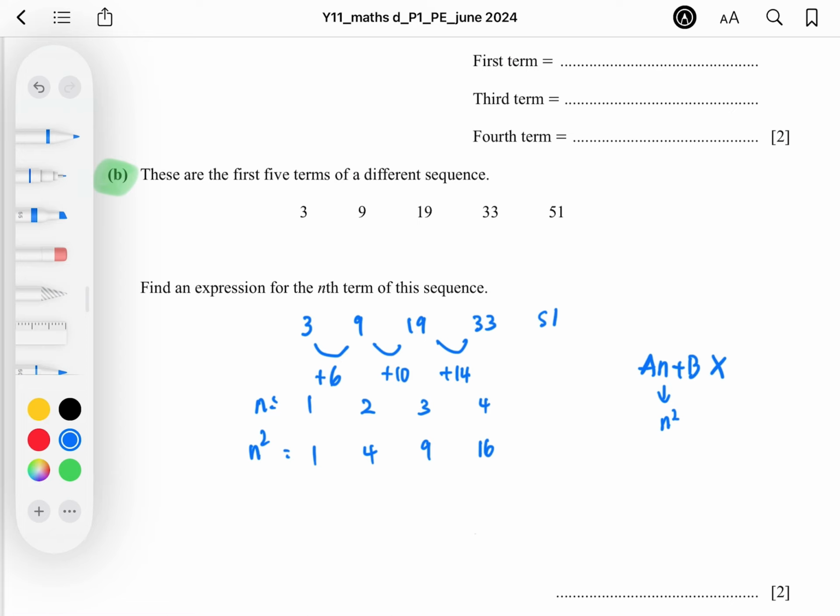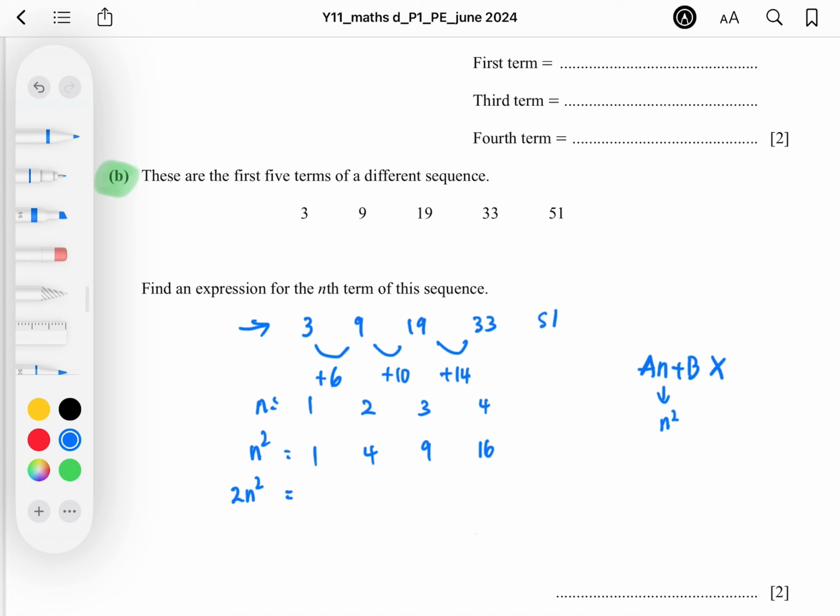And if I were to relate that to the sequence there, you can't see a pattern. So let's say we multiply it with 2, so 2n squared, that means 1 times 2 is 2, 4 times 2 is 8, 9 times 2 is 18, 16 times 2 is 32.